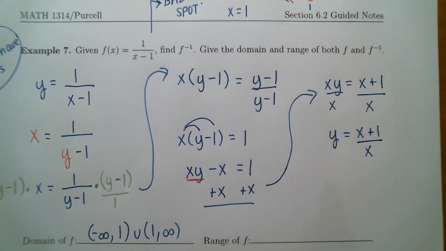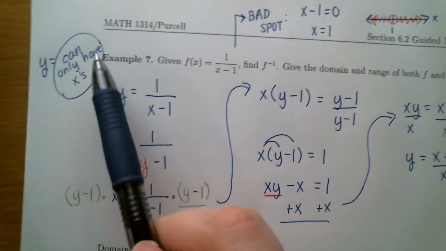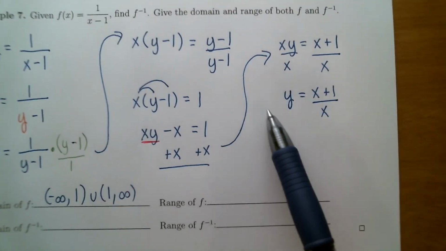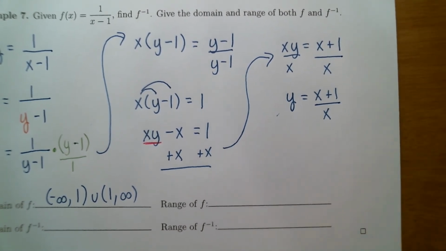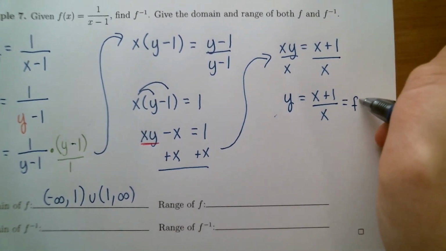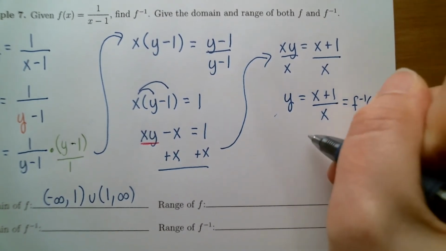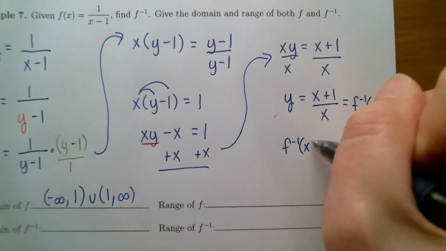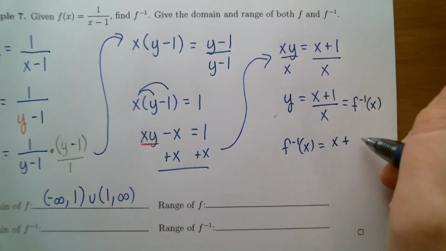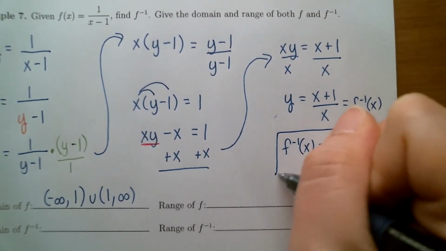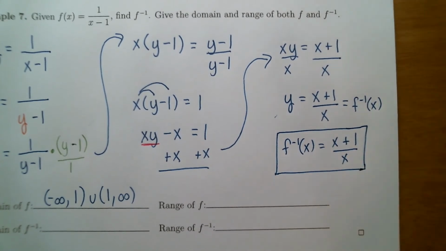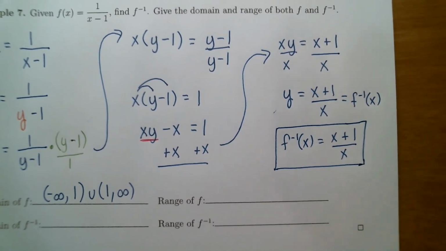Now it's solved for y because I have y equals something, and that something does not contain any y's. So this is our inverse function. Let me rewrite it. The inverse function is x plus 1 over x. You can go a step further if you wish and break down this fraction.